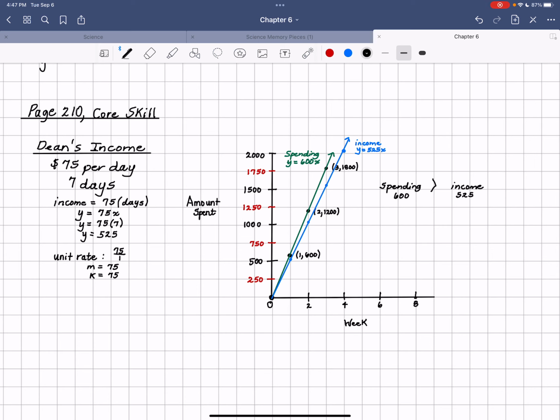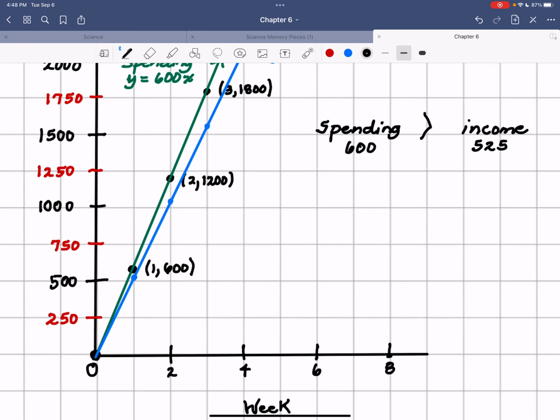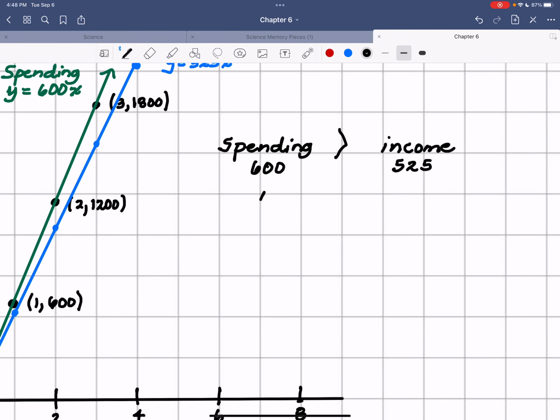Use the graph to determine how much Dean spends per week. How can you determine how much Dean earns per week? Does Dean's pay support his spending? Explain. So I would say, based on all of our work, no, his pay is less than his spending.